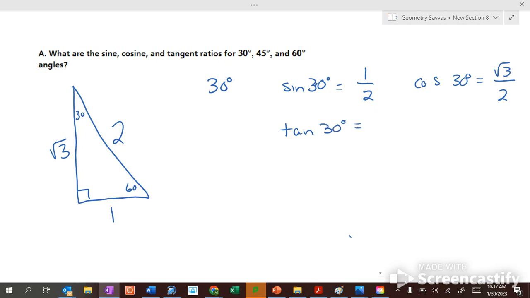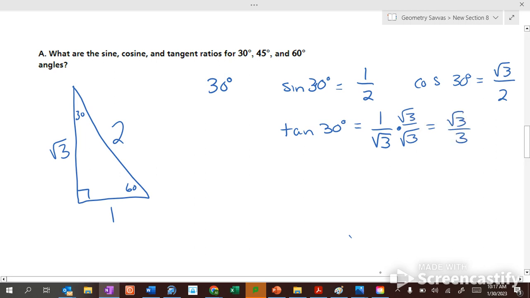What's my opposite side? 1. What's my adjacent side? Now, we can't leave the square root of 3 on the bottom. So, how do we get it off of the bottom? Multiply by square root of 3. So it's square root of 3 over 3. Okay? That's for a 30-degree angle.